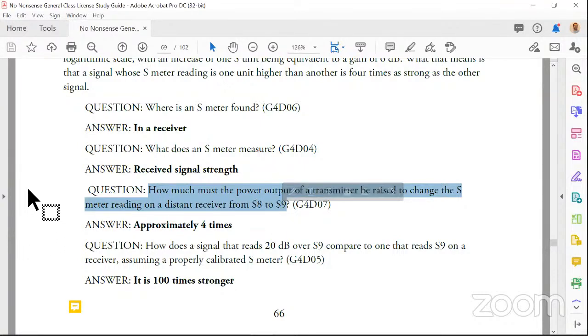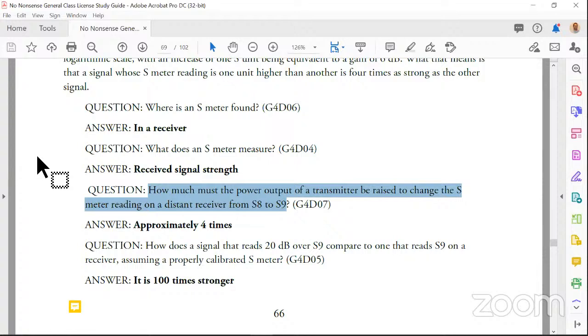How much must the power output of a transmitter be raised to change the S meter reading on a distant receiver from S8 to S9? Let's dissect this question a little bit. I'm at a receiver and I'm receiving a person at S8.